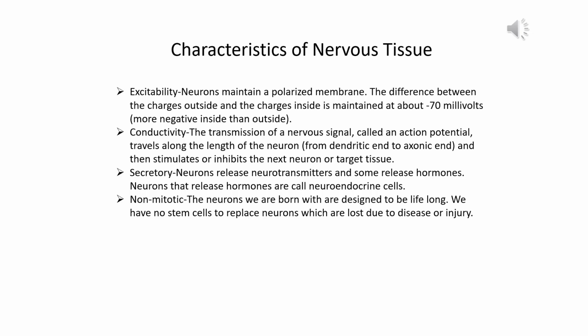But there are many neurons, which are called neuroendocrine cells, which release chemicals into the blood.